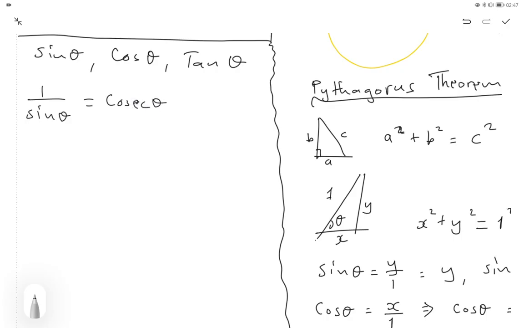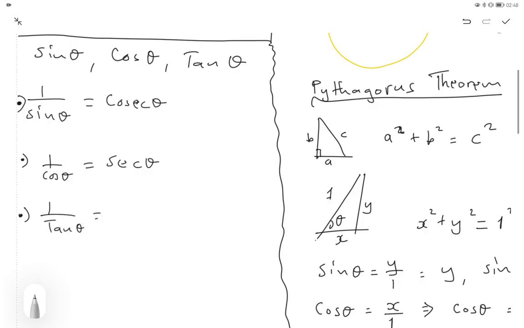Another one: 1 divided by cos theta. This one is going to give us sec theta. The third one: 1 divided by tan theta.